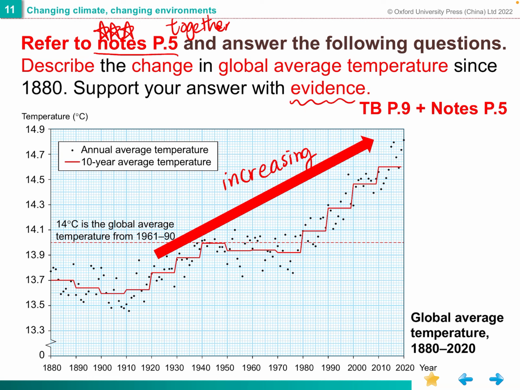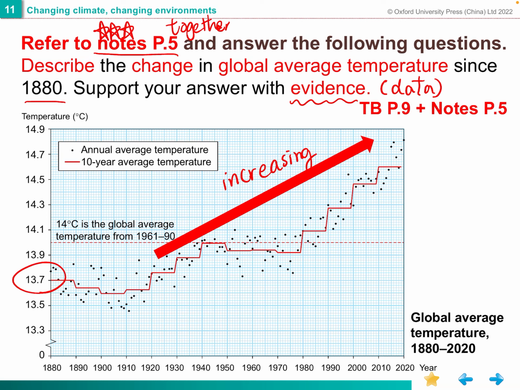And then remember, support with evidence. Evidence means in this figure we should refer to data. Mark down the number. So let's find out together. Since 1880, we have to find out the data.